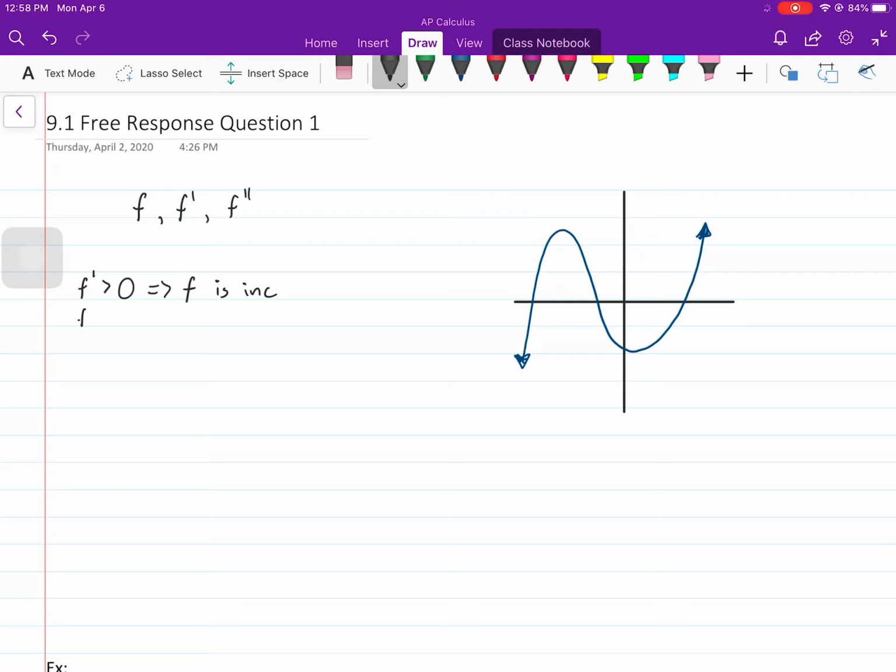Similarly, just to write this out, if f prime is less than 0, meaning it's negative, then that means that f is decreasing. So that's what the first derivative tells us. And that's what we get from the first derivative test. If you guys remember the first derivative test, that's that number line test that we did, where you found your critical points.